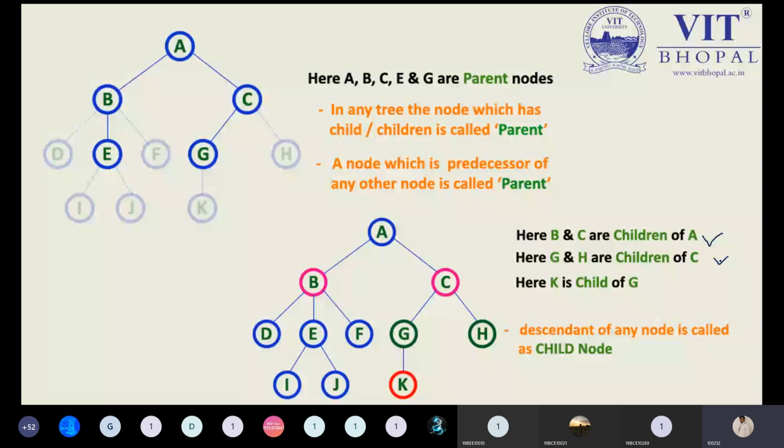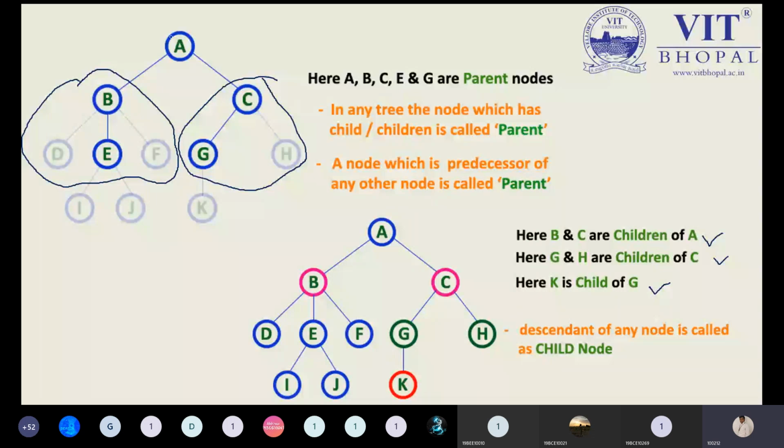Okay, C is a parent, and G and H are the children of C. And K is a child of G. So definitely we can say which node is a parent node and which node is a child node. So without any problem, we can easily find out. Now, A has the two children B and C. I'm just putting this into a single box for understanding purposes.